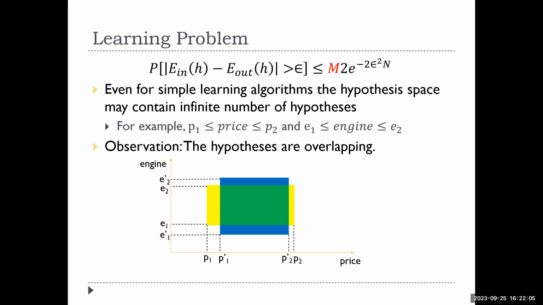How many hypotheses do you see in this case? Possible hypotheses? Let me ask a question a little bit differently. The answer is related to how many possible combinations of P1, P2, E1, and E2 are possible. How many combinations?